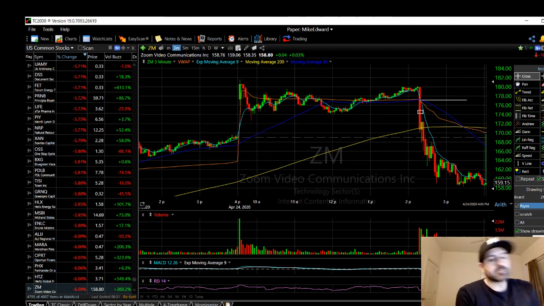Then we have credit call spreads, which are also called bear call spreads. These are bearish bets. Same thing as the credit put spread we just talked about, but the opposite. With the credit put spread, it's a bullish bet, but you're using two put options.